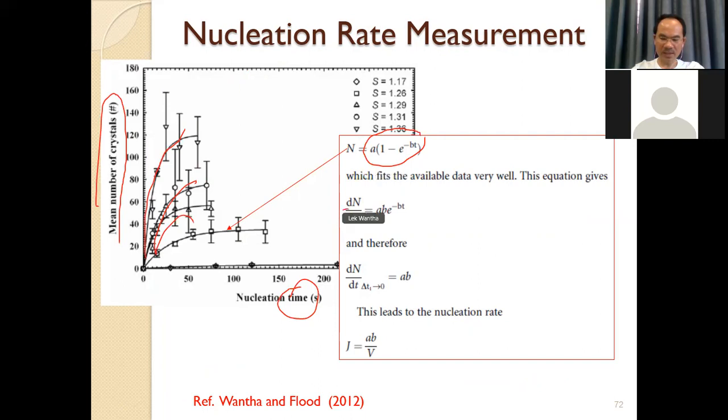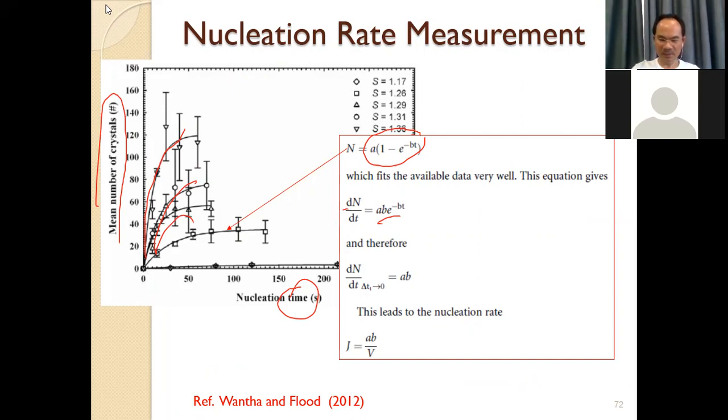differentiate this equation, dn by dt, and then you let delta t approach 0. We can calculate the nucleation rate at the initial state. For this case, we have to determine it at the very initial state.